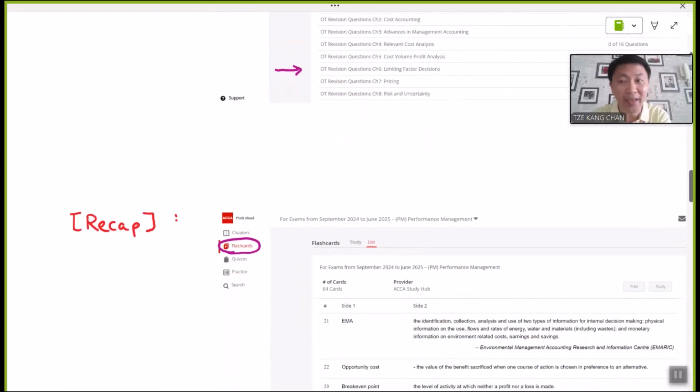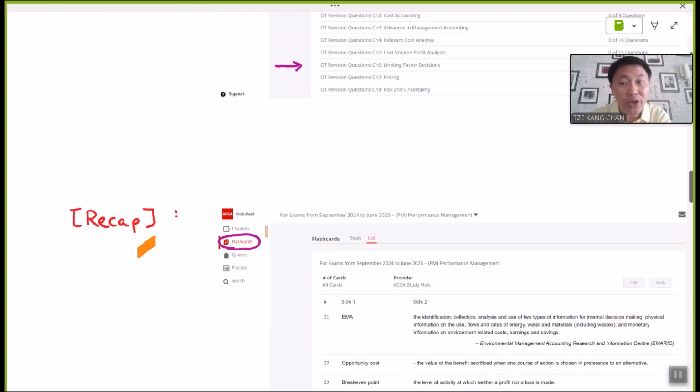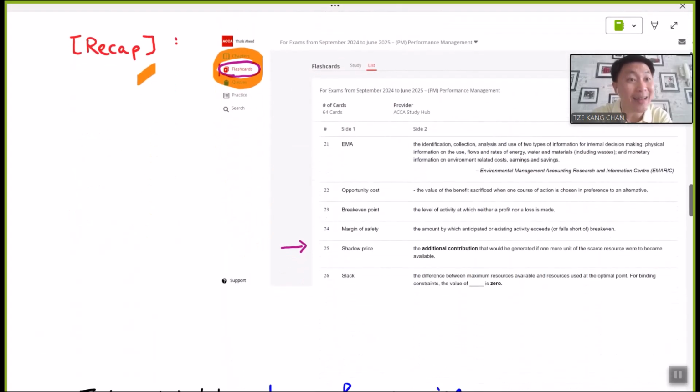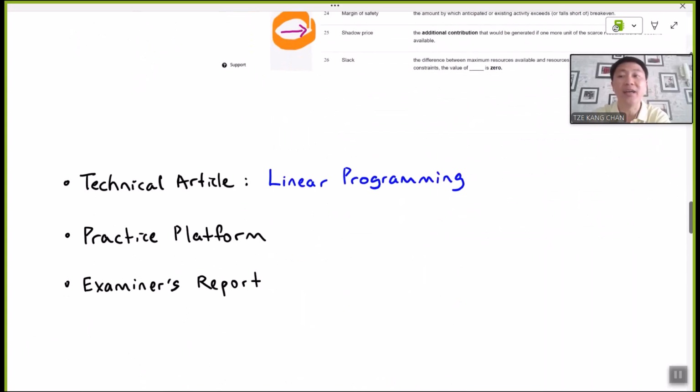And for recapping the knowledge, you are advised to look at the flashcards to get yourself familiar with the terminology and a quick snapshot of explanations for the terms. Last but not least, ranges of technical articles. In particular, for this topic explainer, the topic on linear programming can be found in one of the articles that you are highly recommended to spend time on.